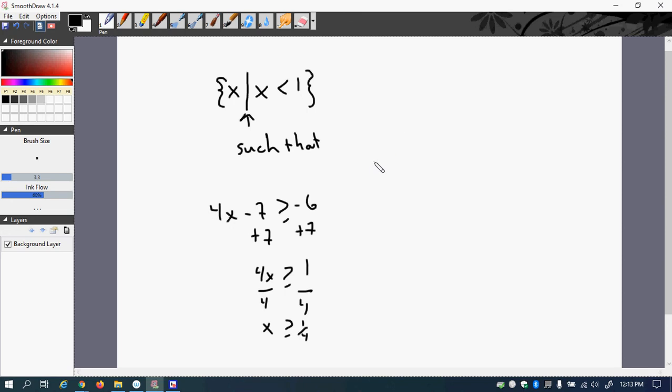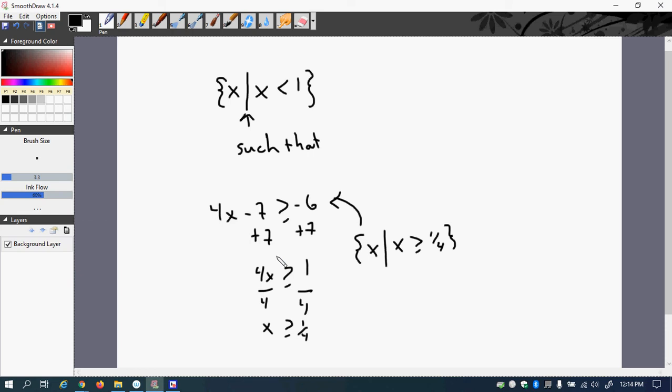And so my set builder would be x such that x is greater than or equal to 1/4. And that would be my solution to this particular inequality. That's basically how a lot of this is done.